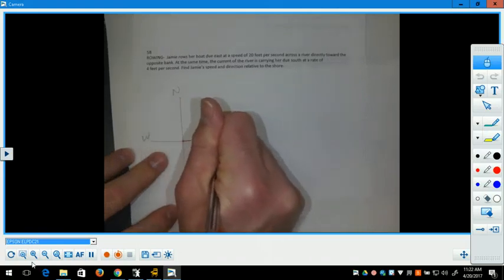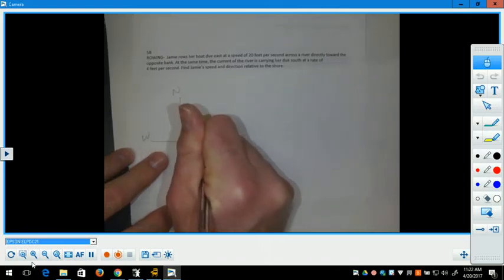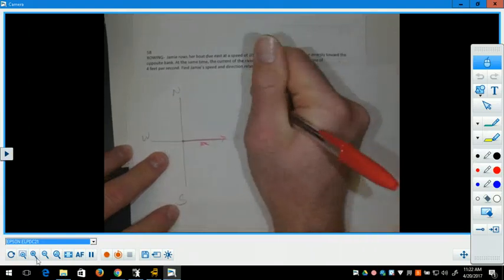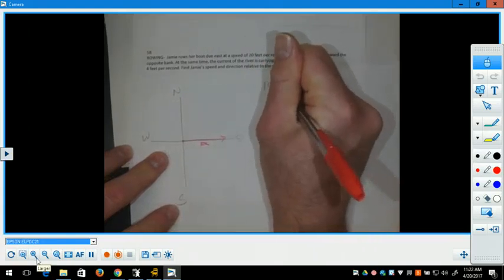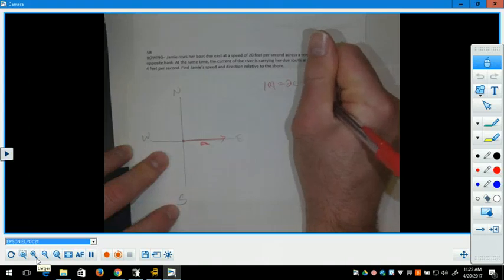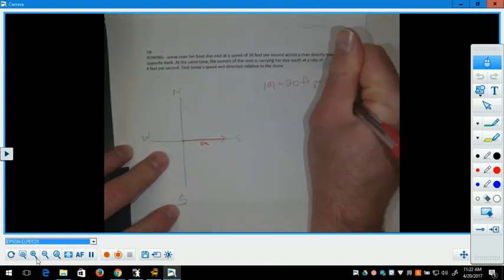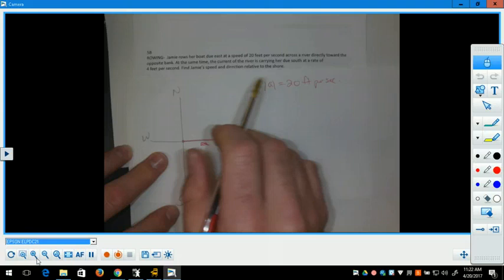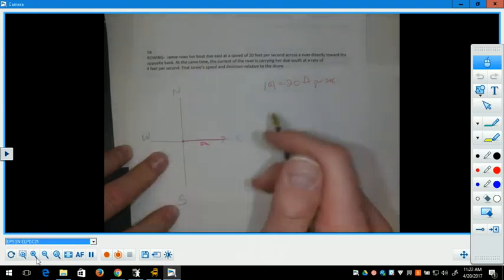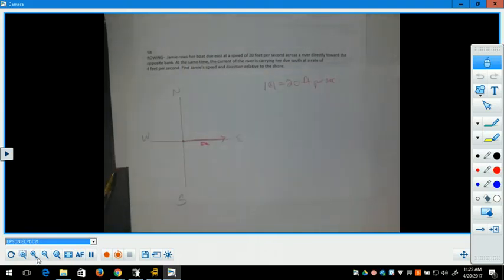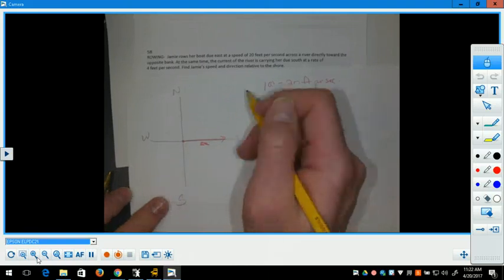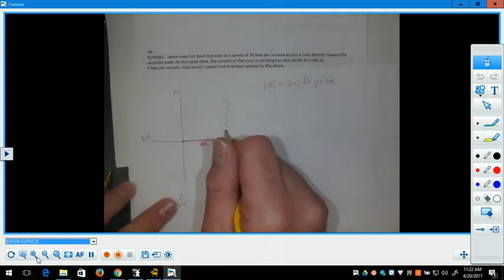So here we go, that vector, we'll call it vector A, and that's 20 feet per second, and it's directly east. Now, by the way, it says toward the opposite bank. So she must have started at a bank over here, and now there's a bank over here.